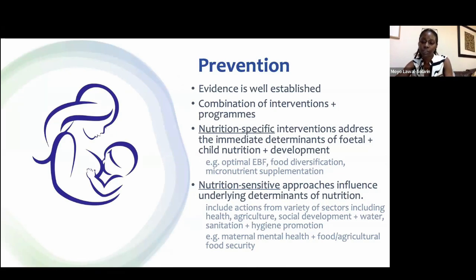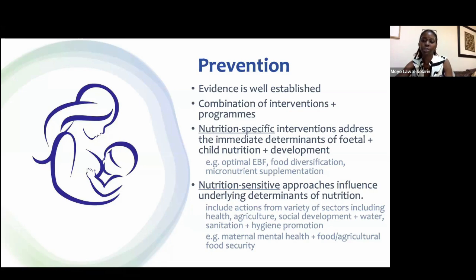Nutrient-specific interventions address the immediate determinants of fetal and child nutrition and development, so they address things that have direct impact on food or nutrition. Think about exclusive breastfeeding for moms, food diversification, micronutrient supplementation for mom and baby.